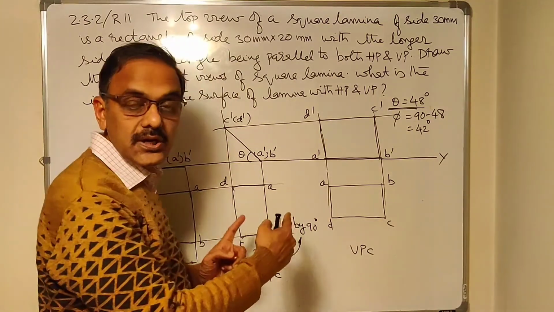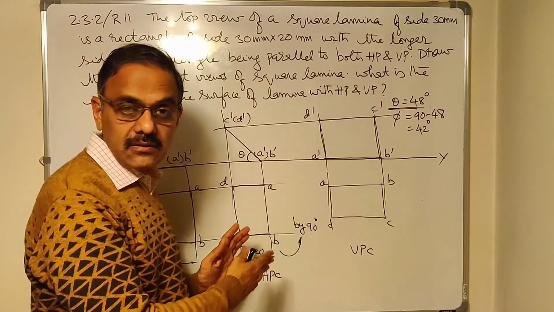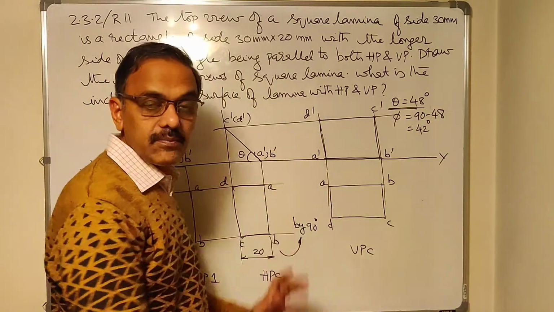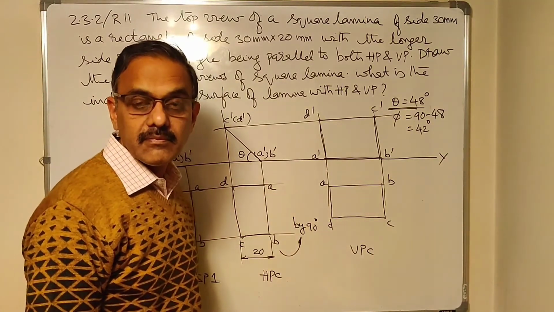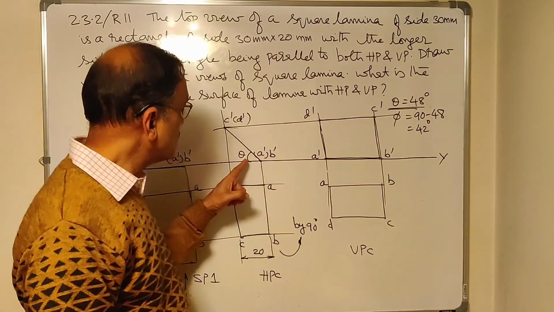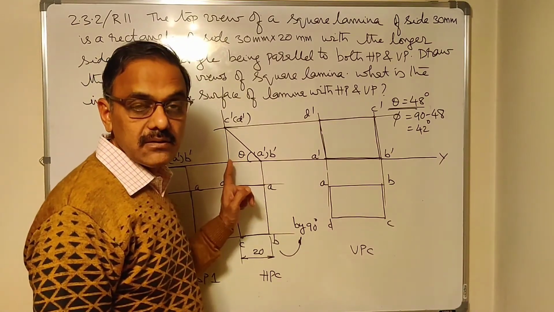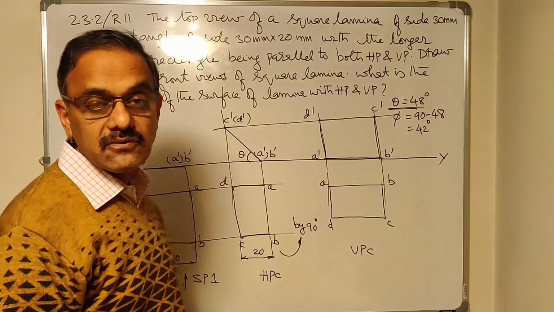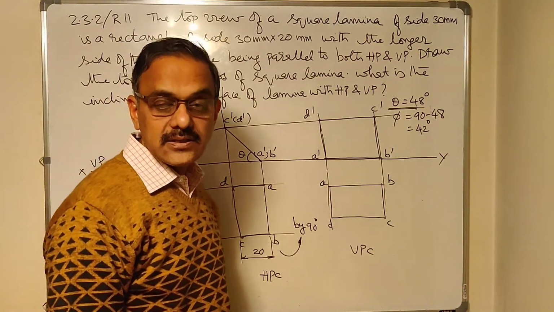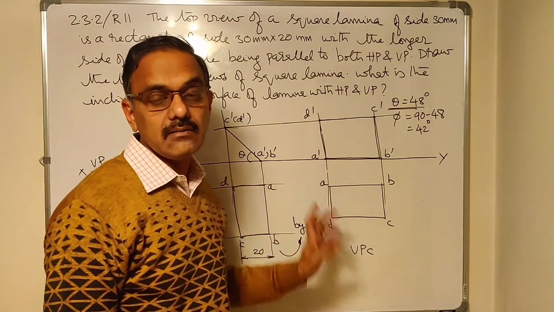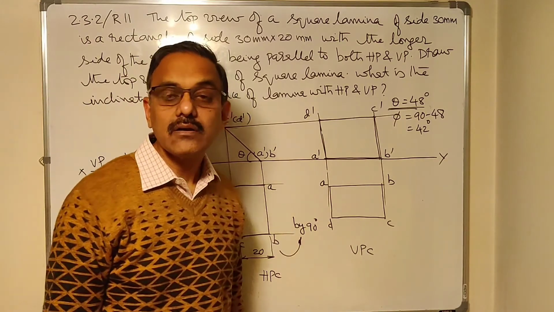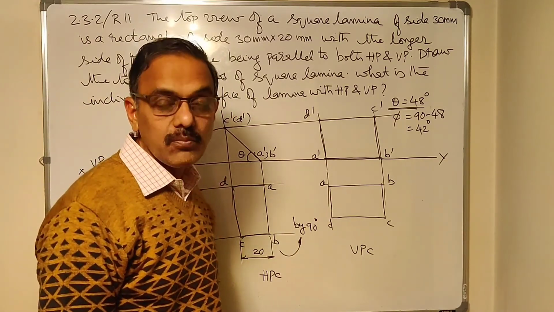When the top view is rotated by 90 degrees while moving from second step to third step, and if theta is the inclination of the surface with HP, the inclination of the surface with VP phi is equal to 90 minus theta. This is a very important point to be noted.